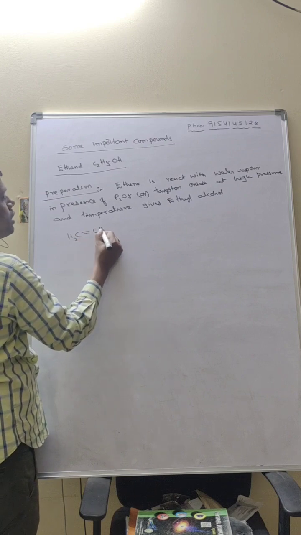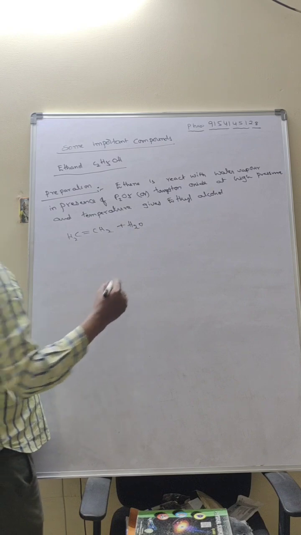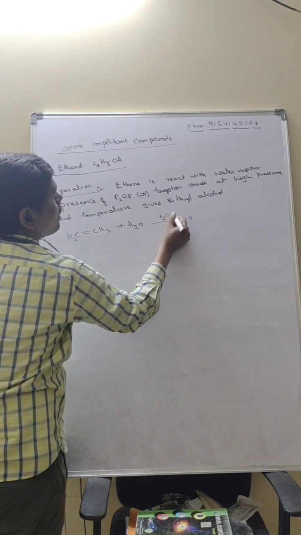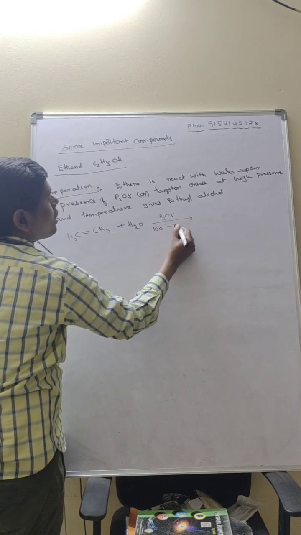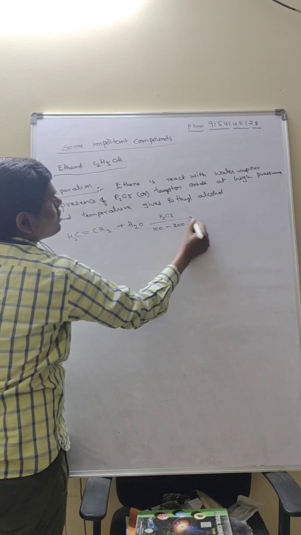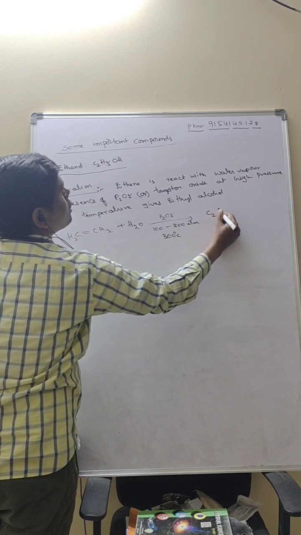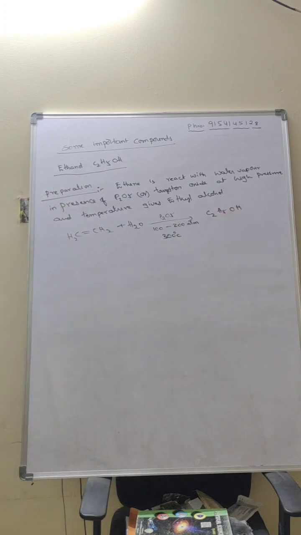CH2=CH2 plus H2O in the presence of P2O5 catalyst, 100 to 300 atmospheres pressure and 300 degrees Celsius, gives C2H5OH. This is called ethyl alcohol.